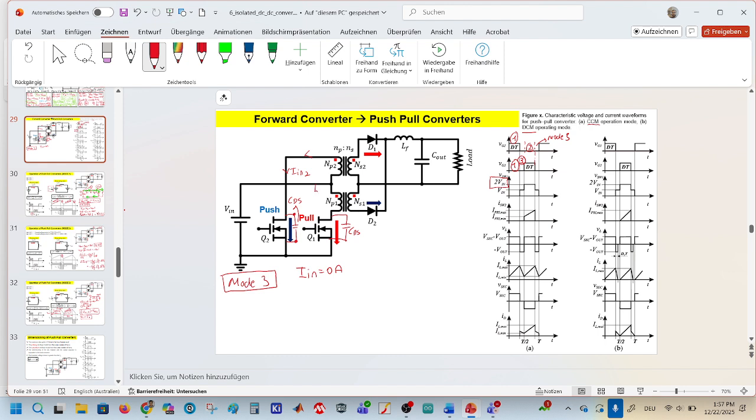And we said that there is a magnetizing inductance here and here. There was a switch here, and here they have the same ground.